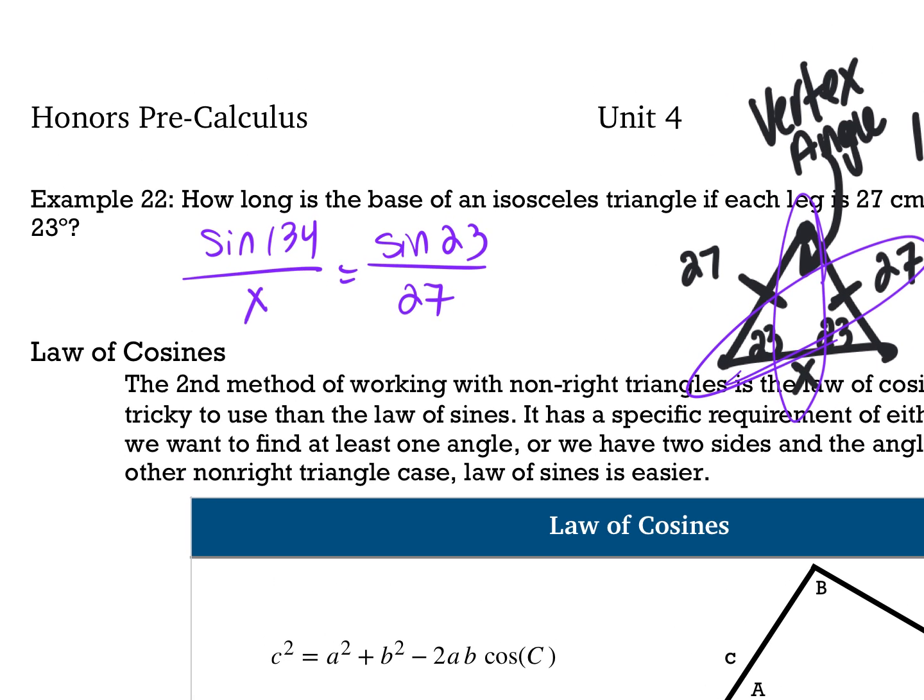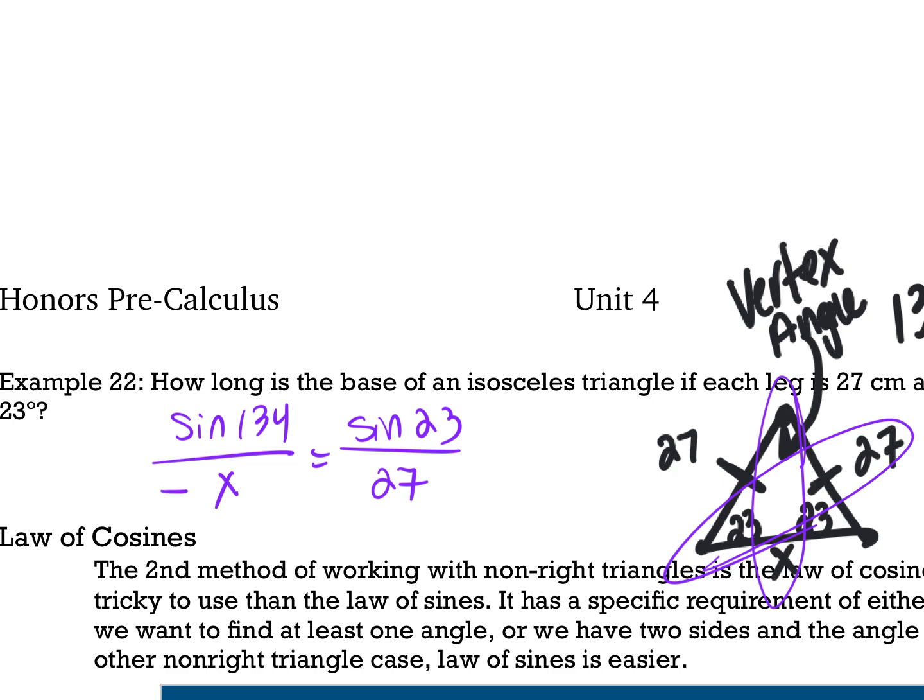Now, one other option that we've talked about before, if you're trying to solve for the variable in the denominator like this, you can cross multiply, but you can also just take the reciprocals and reset up the equation so now the variable's up top.